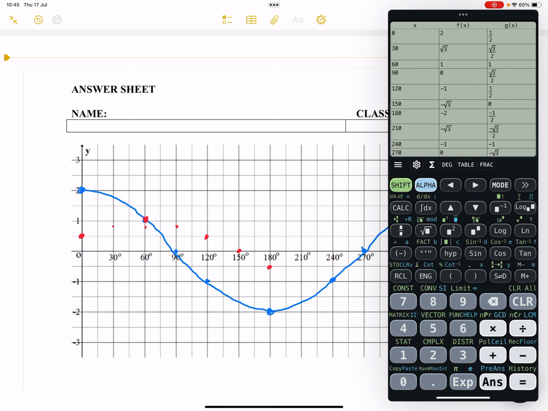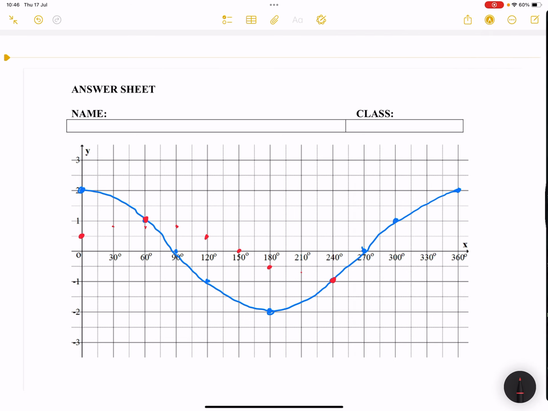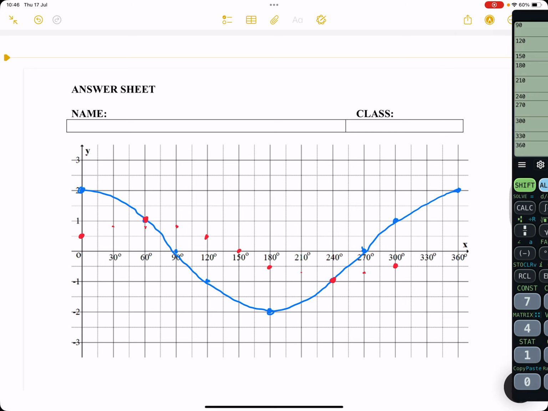And we've got negative root 3 over 2, negative 1 at 240, and negative root 3 over 2 and negative a half at 300.